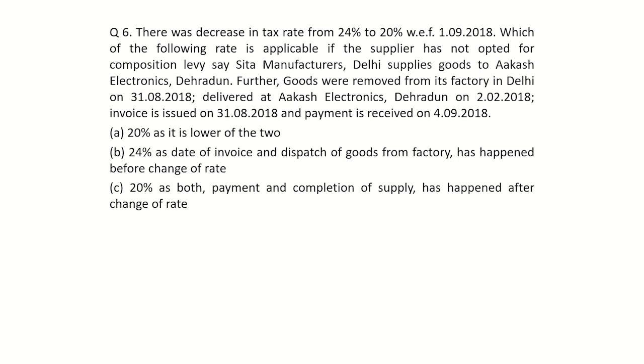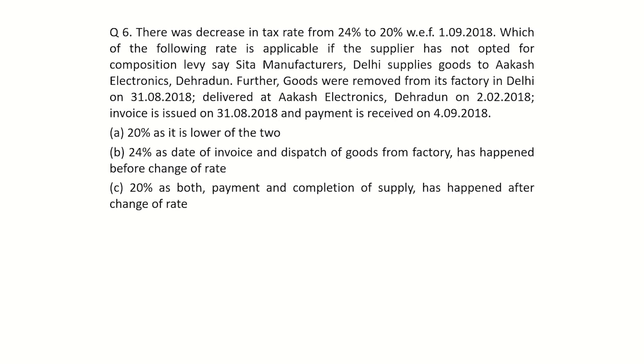The options given here are: 20% as it is the lower of the two; 24% as the date of invoice and dispatch of goods from factory has happened before the change of rate; and third option, 20% as both the payment and completion of supply has happened after the change of rate.